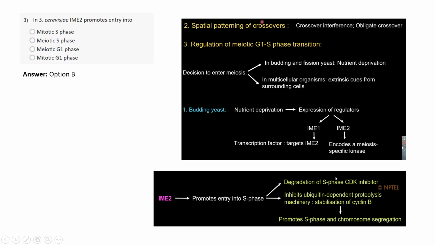In budding yeast, during nutrient deprivation conditions, there will be activation of genes, that is IME2, which tells the cells to undergo the meiosis process. In a nutrient depletion condition, the cell generally does not undergo the division process.